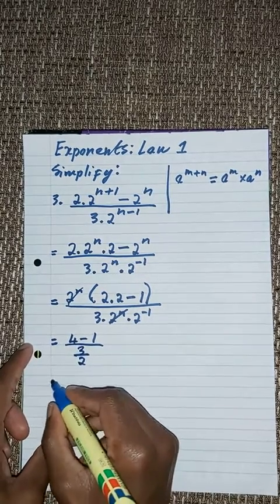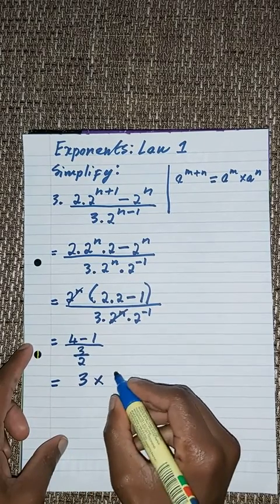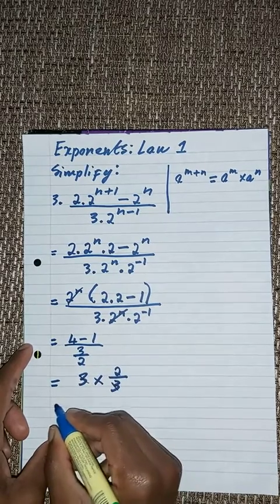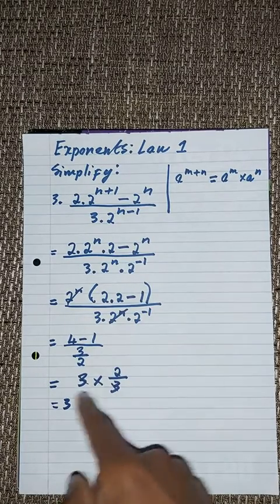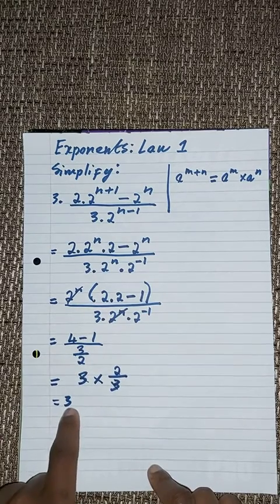Then when we proceed further, we'll have 3 multiplied by 2 over 3. This 3 will cancel with this 3, and we'll have 3 as our answer. You can solve this thing by simply punching on the calculator, okay? From here, you can end here.